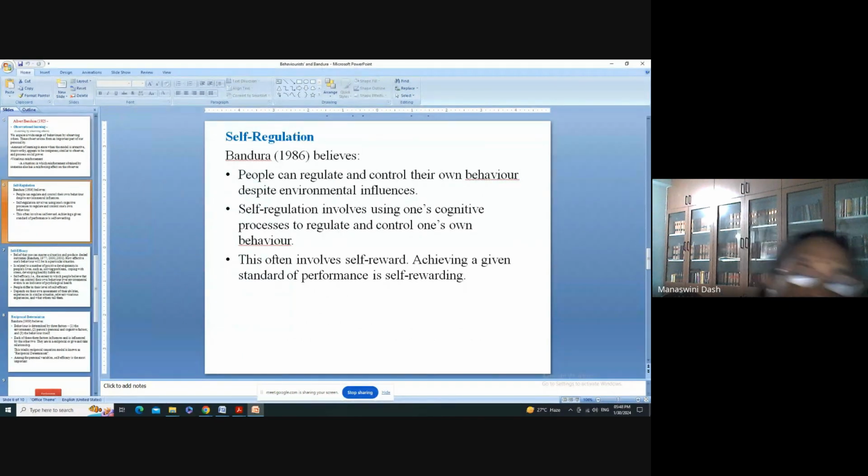So, self-regulation is a concept given by Bandura. Bandura believes, as I have already told, that people can regulate and control their own behavior despite environmental influences. Self-regulation involves using one's cognitive processes to regulate and control one's own behavior. This often involves self-reward.